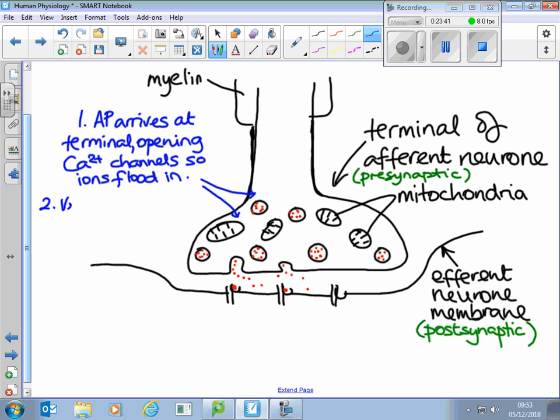So vesicles of neurotransmitter, and I'll come back to the neurotransmitter in a bit, vesicles of neurotransmitter move to the presynaptic membrane.